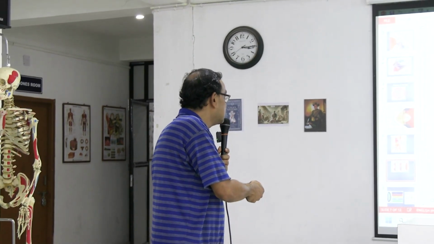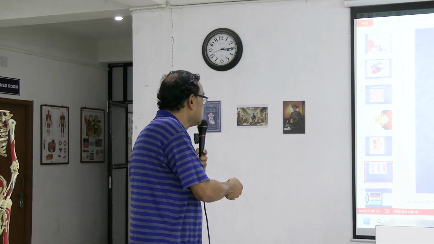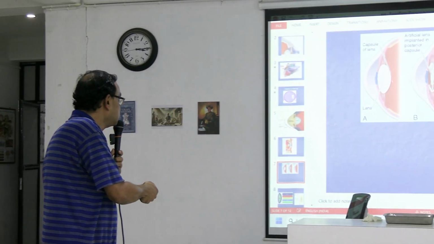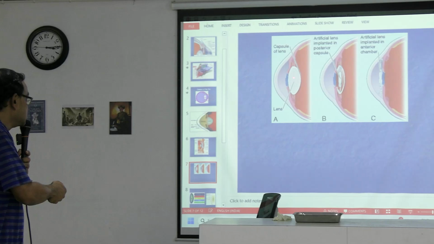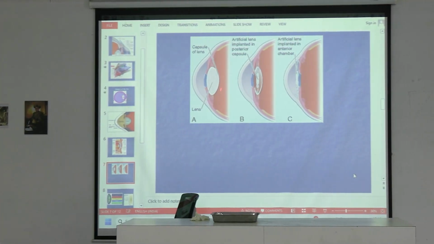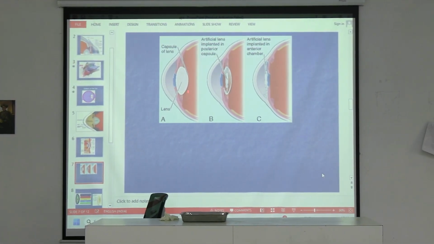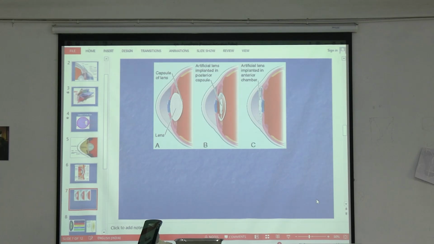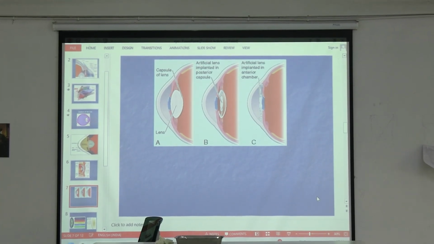So in this area we are getting a lens, and this is the cortex of the lens and this is the lens nucleus. And below the capsule, we can get the lens fibers and lens cells.